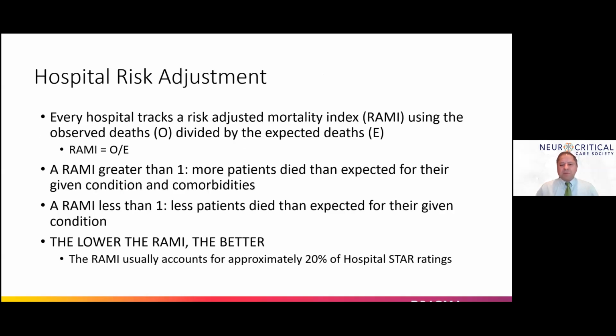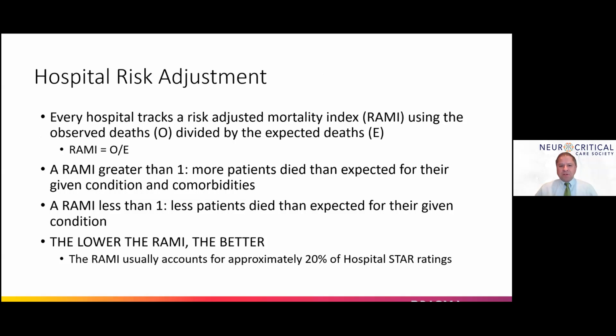Now, that's the provider-based billing. What about the hospital? So the hospital billing, believe it or not, is completely different and has different objectives to draw from the documentation. So there's something called hospital risk adjustment.